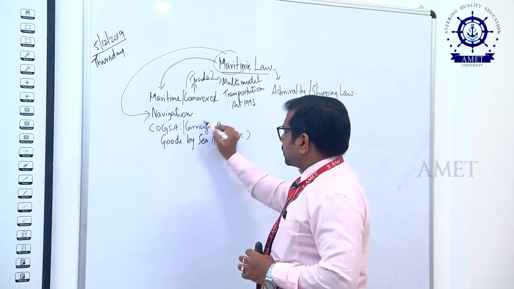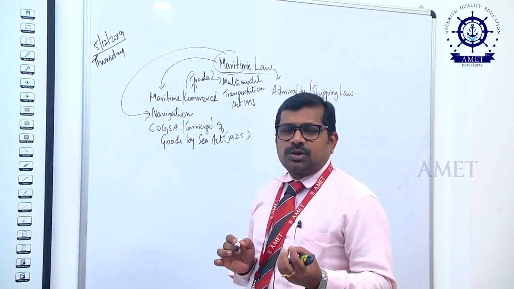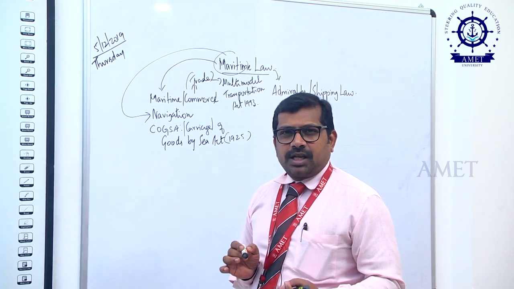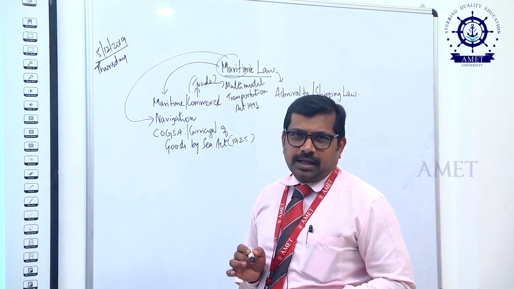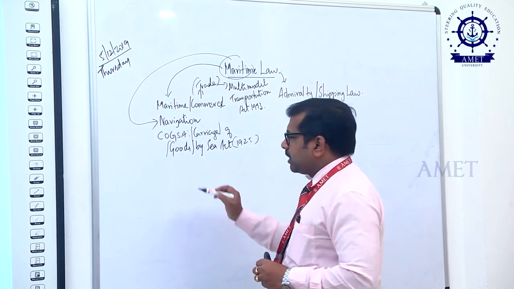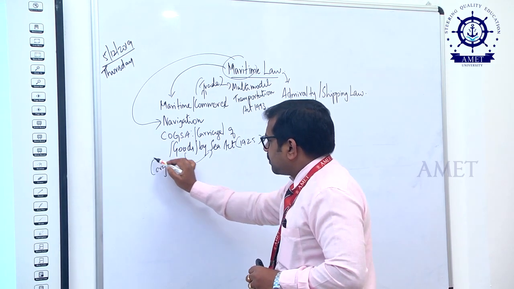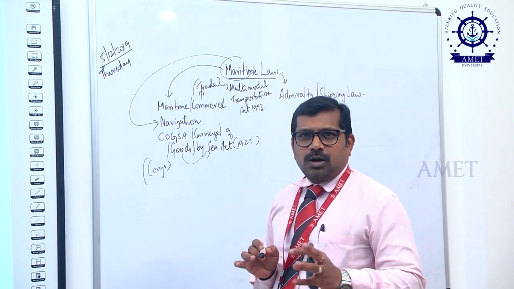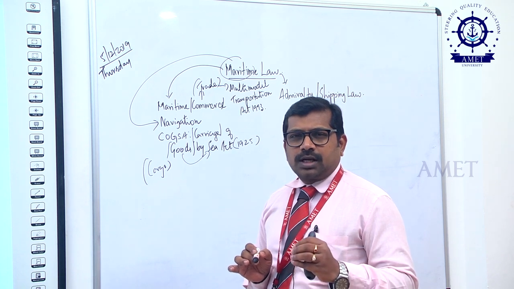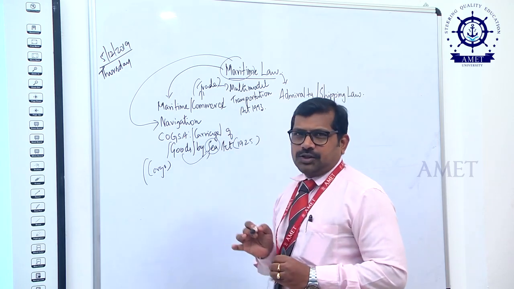Now, carriage means taking the goods from one place to another, also called a carrier. There are two types of carrier: private carrier and common carrier. The second term is goods, which in shipping terms is cargo, to be taken from one place to another by sea transport.